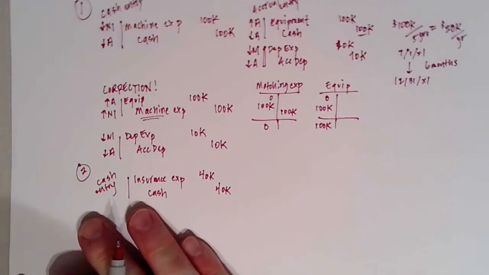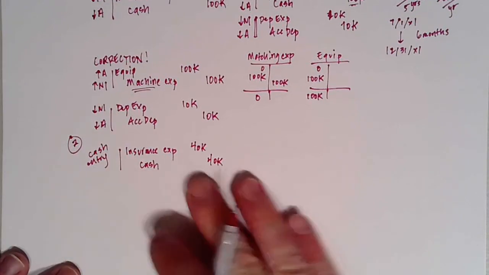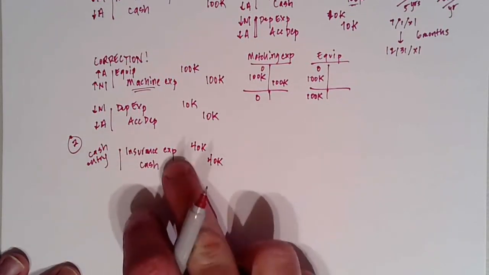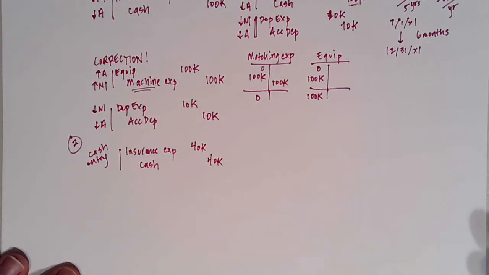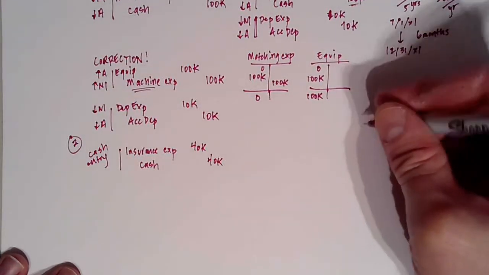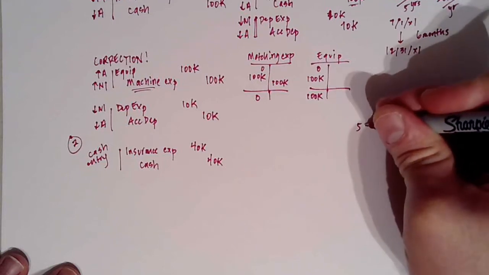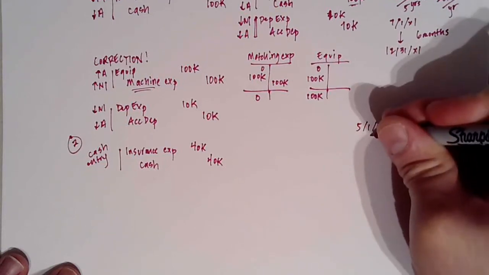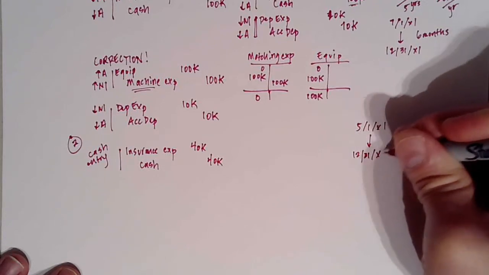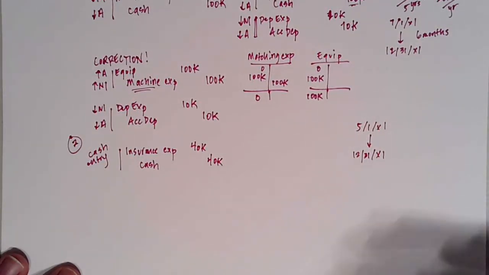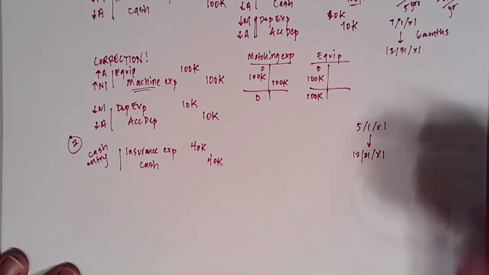Now we know that this is not correct. This is not correct because we want to match this insurance expense amount to the 4 years we're going to benefit from it. And we've only had it from May 1st of X1 to 12/31 X1, and that represents 8 months.